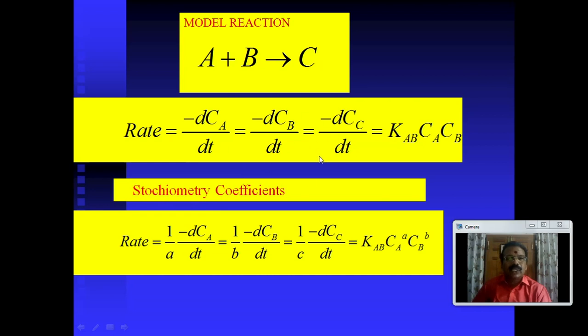Here in this reaction, suppose a moles of A react with b moles of B and c moles of C are generated, then what will be the rate of the reaction? Rate of the reaction is equal to minus 1 by a dCA by dt, is equal to minus 1 by b dCB by dt, is equal to 1 by c dC by dt, is equal to K_AB CA raised to a into CB raised to b.